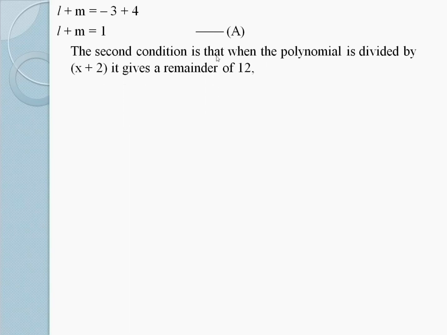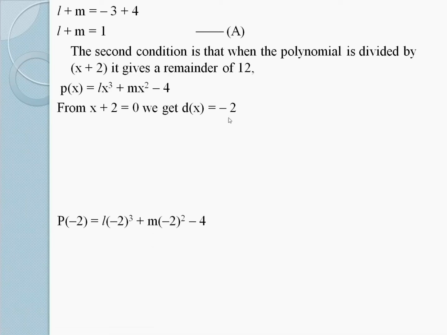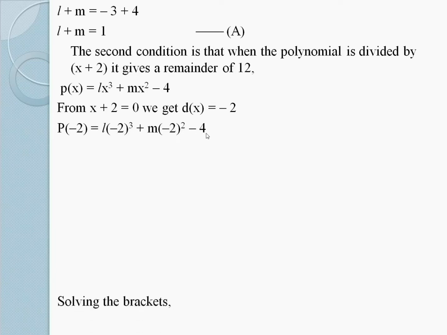The second condition is that when the polynomial is divided by x plus 2, it gives a remainder of 12. P of x, Lx cube plus mx square minus 4. From x plus 2 equals 0, we get x equals minus 2. Replacing the value, p of minus 2 equals L minus 2 cube plus m minus 2 square minus 4.